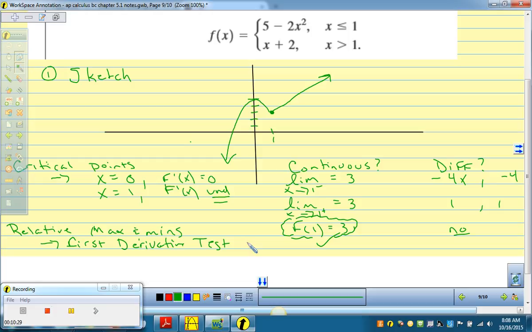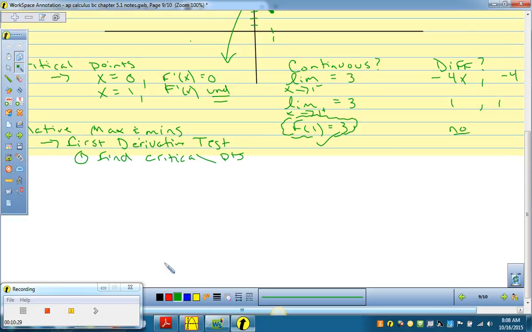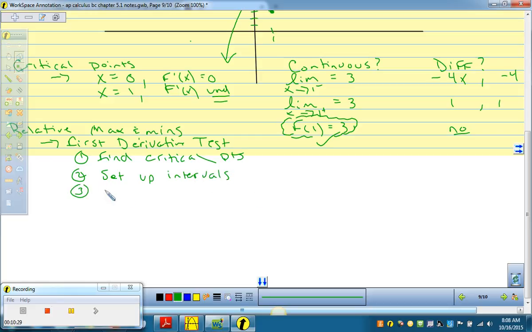So, for the first derivative test, we will find critical points. You'll then set up intervals around those critical points. And you will look at the derivative to see if it is positive or negative.